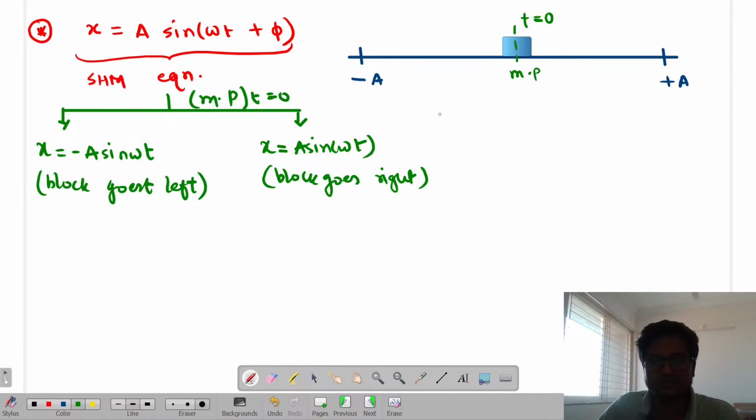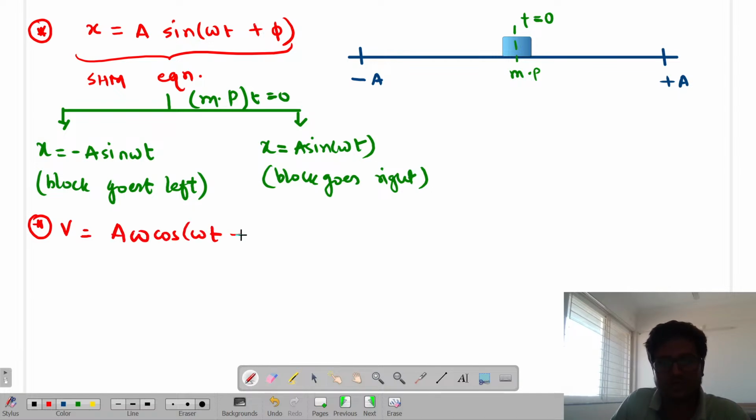As we know my position equation, now from the position equation we can even know the velocity. Velocity was given by the formula a omega cos omega t plus phi. This was my basic formula which we were learning. Now look over here, as I know my velocity equation and position equation, you know that in physics the kinetic energy is given by the formula half m v square, isn't it?